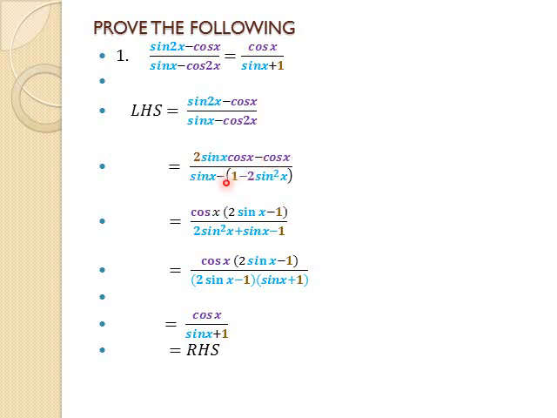The bottom, if I simplify, negative times negative gives me 2 sine squared x plus sin x minus 1. Now I have a trinomial, 3 terms, in standard form, with a squared term, a power 1 term and a constant term. On the top I've already factorized: cos x times (2 sin x minus 1).